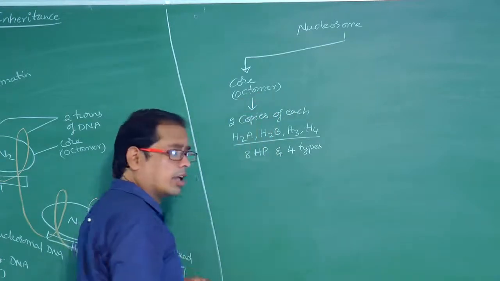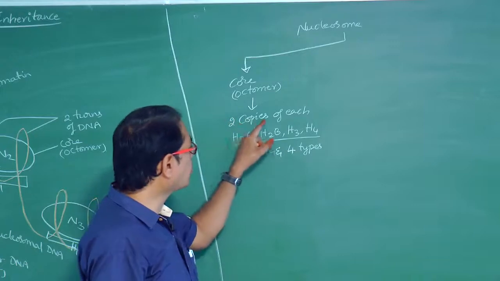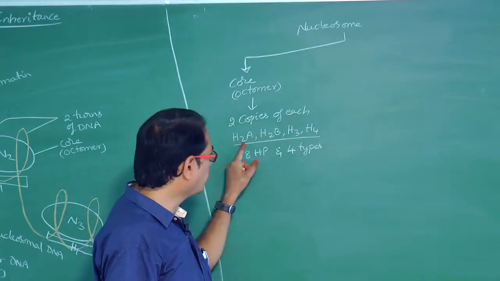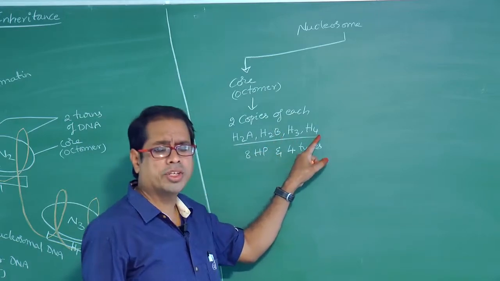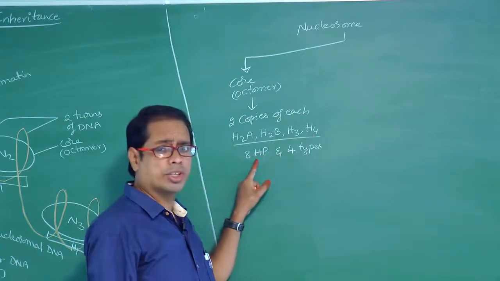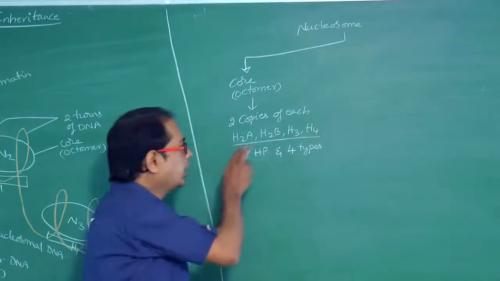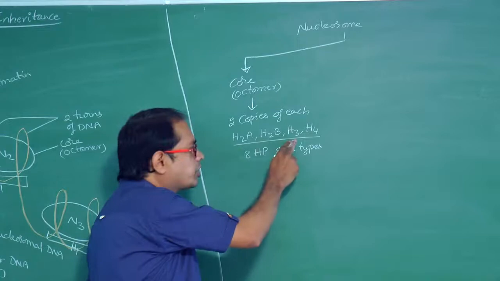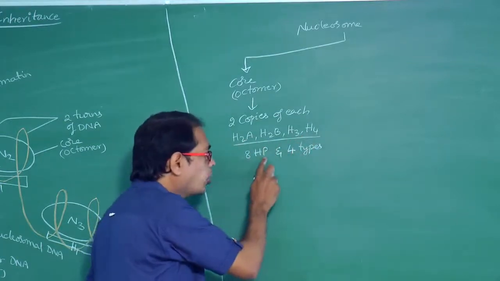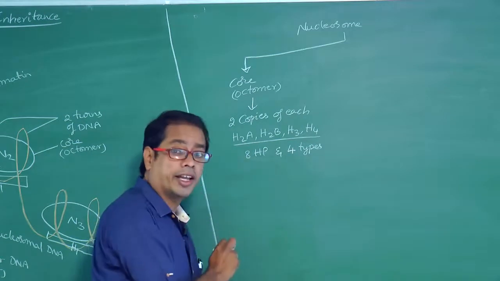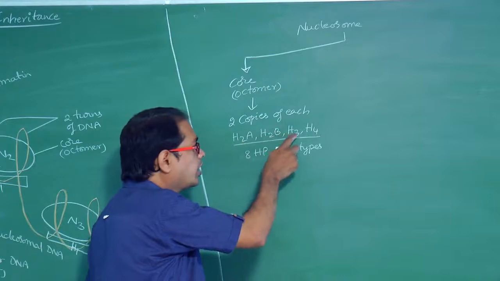Octo means 8. That is 2 copies each of H2A, H2B, H3, H4. How many histone proteins? 8 histone proteins. Each one has 2 copies, not double. H2A 2, H2B 2, H3 2 copies, H4 2 copies. Like that, there are 8 histone proteins. Types of histone proteins: 1, 2, 3, 4.